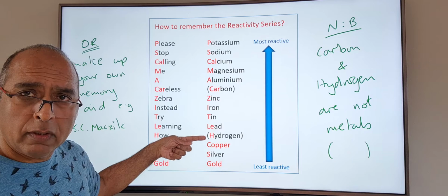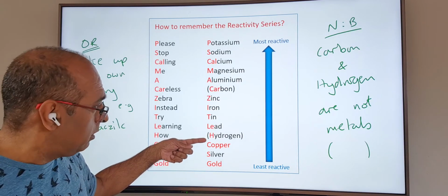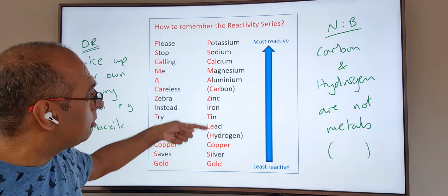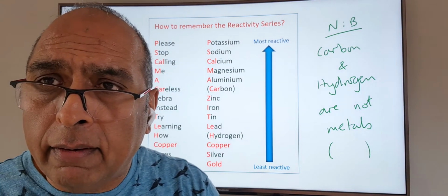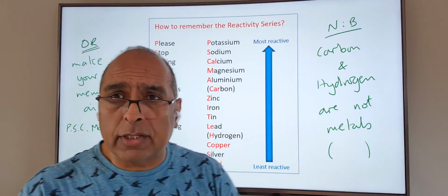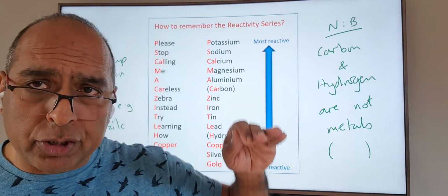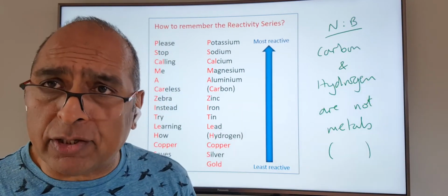Hydrogen is there. Any metal more reactive than hydrogen will react with acids and water, because any metal more reactive than hydrogen will be able to push out the metal and take its place.